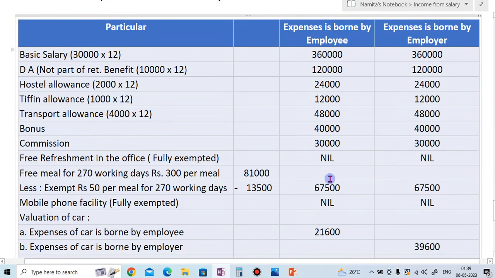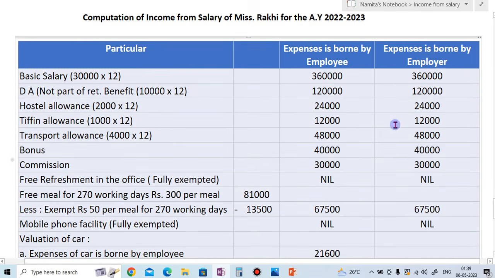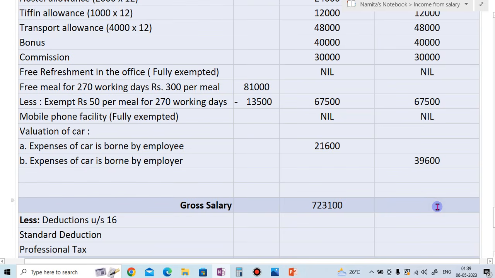7,23,100 is the gross salary if the expenses are borne by the employee. Okay, now next we have to find the gross salary if the expenses are borne by the employer. So add all these values and write; the value will be 7,41,100. Okay, so see the difference.